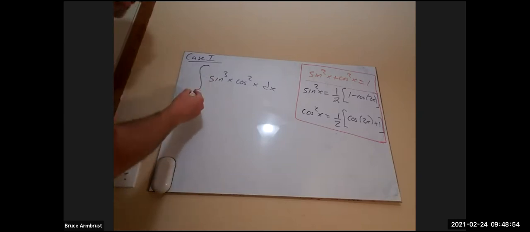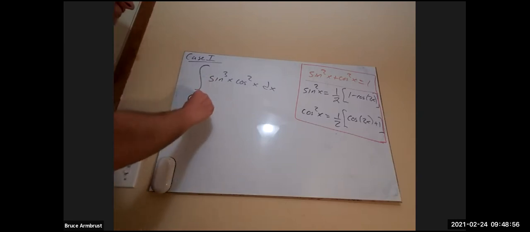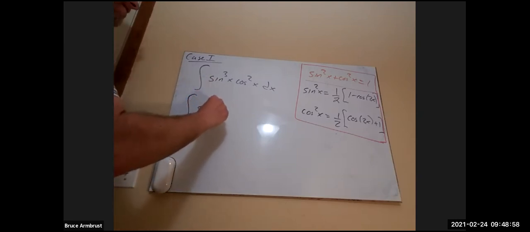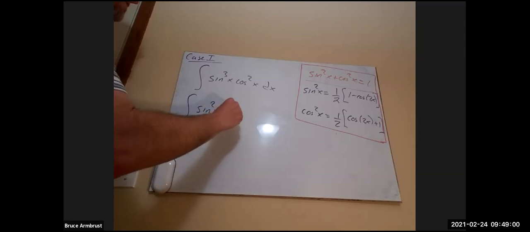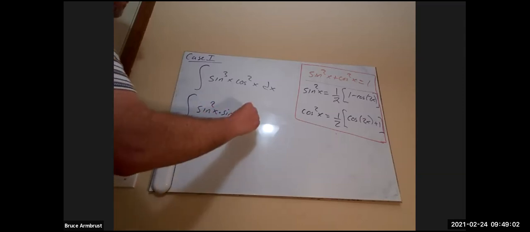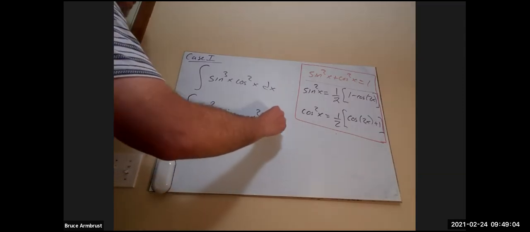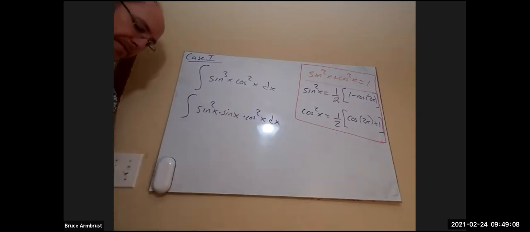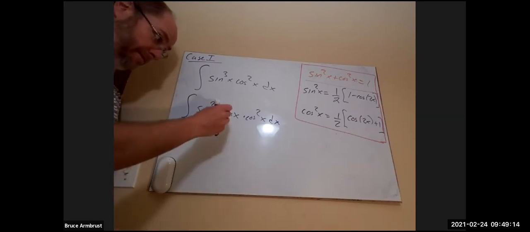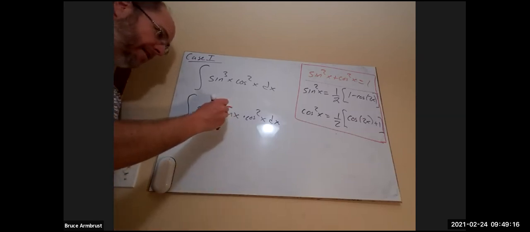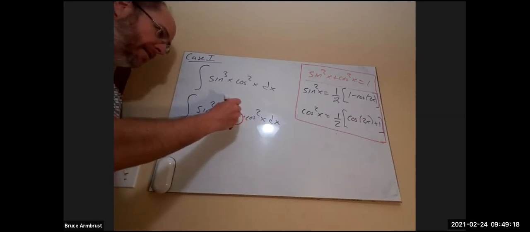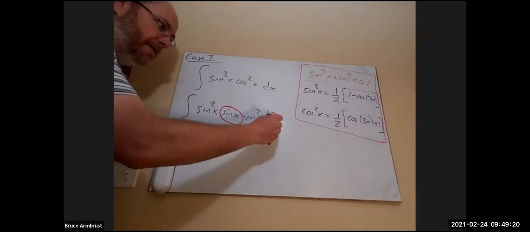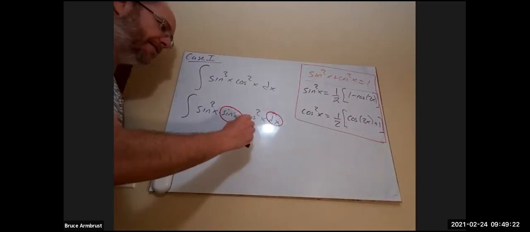I'm going to rewrite this as sine squared x times sine of x times cosine squared x. I'm pulling one of them out. So here's what I'm going to do. That one that was odd, I'm going to save this.